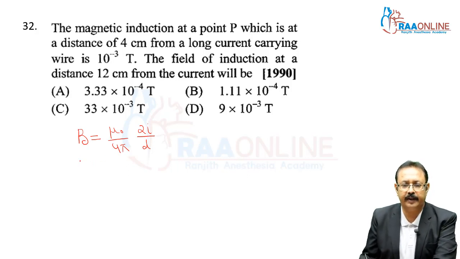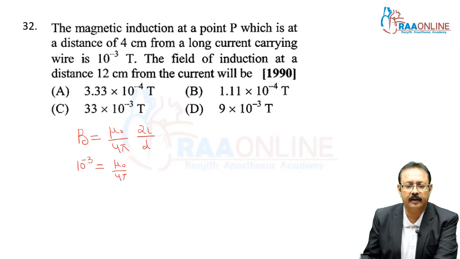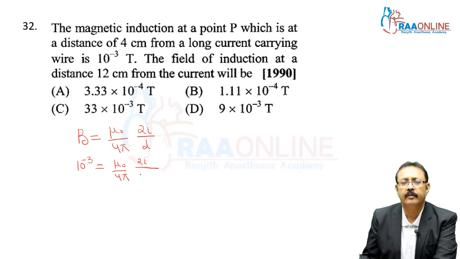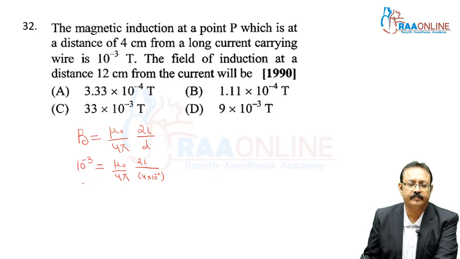Initially they are saying magnetic field is 10 to the power minus 3 Tesla, when distance was 4 cm, but now we want to know the magnetic field. We make the distance 12 cm.